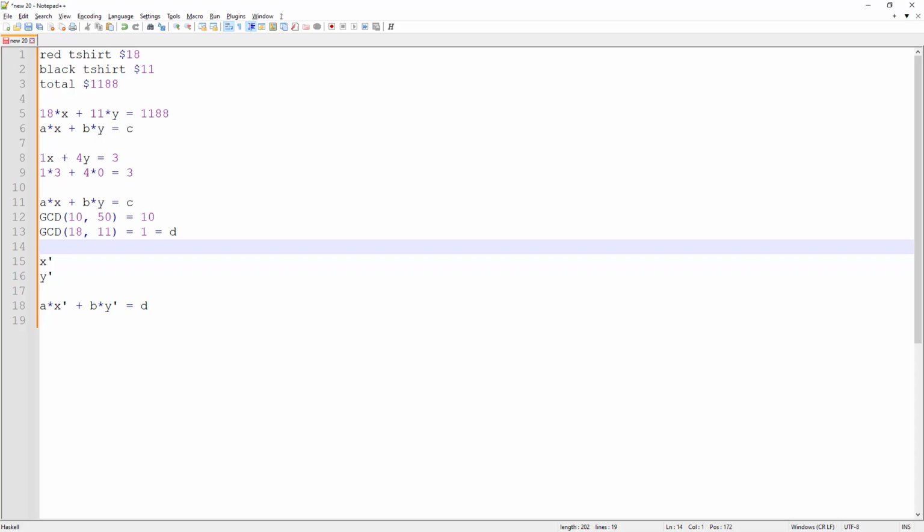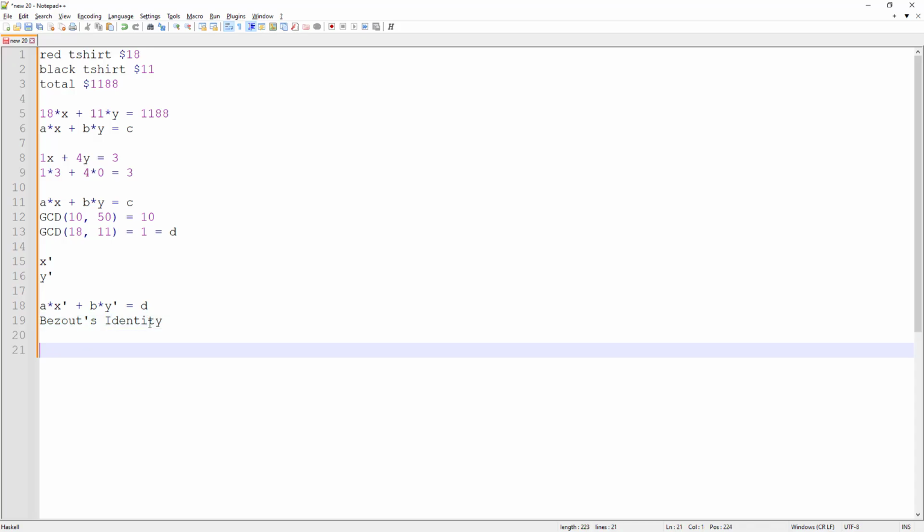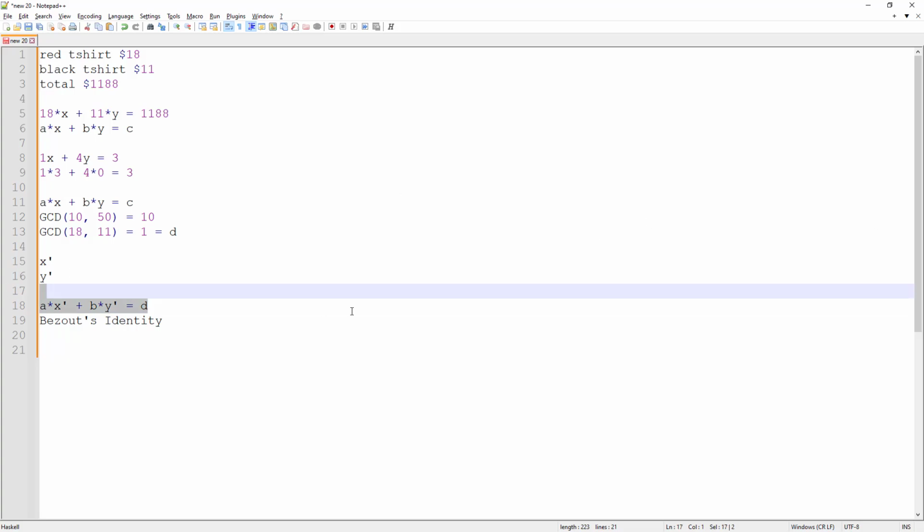So in order to find the x prime and the y prime such that the combination equals the greatest common divisor, we have to solve something called the Bézout identity, and this algorithm gives us x prime and y prime, so it can make this one true.